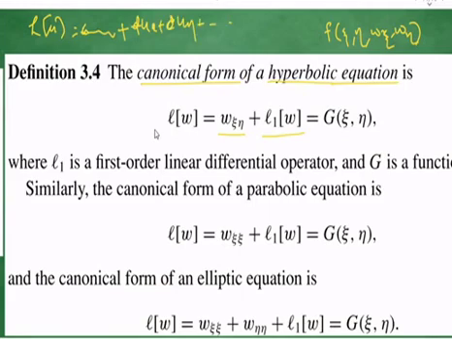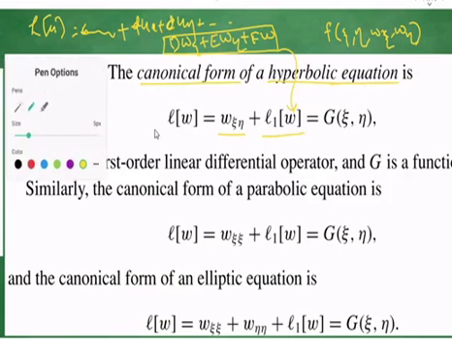In the transformed equation, there was some d into W theta, some e into W eta, and some f into W. So all these terms of the first order part are represented by L1 of W. So dW theta, eW eta, fW is represented by L1 of W, and this is equal to G of theta eta. So this is the canonical form of hyperbolic equations.